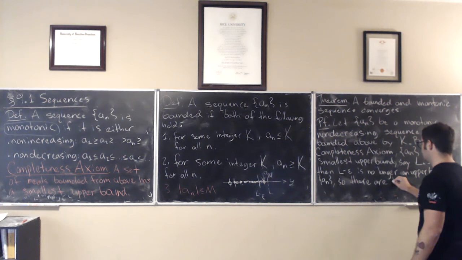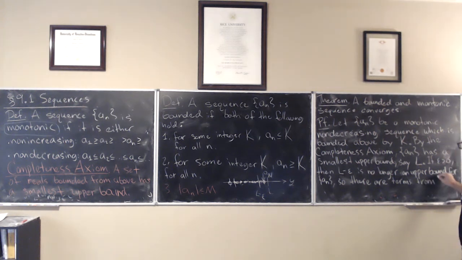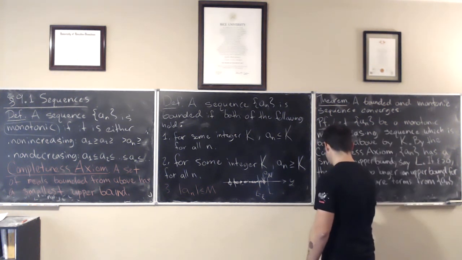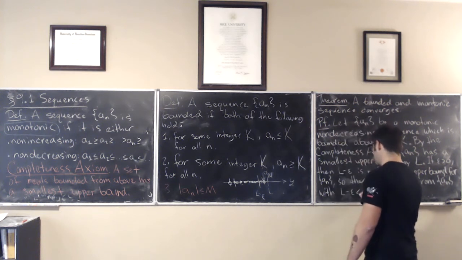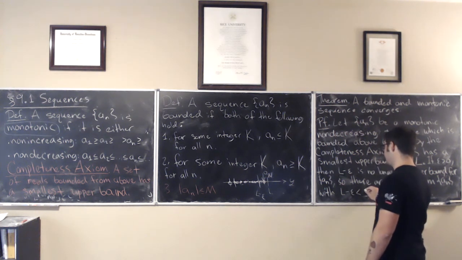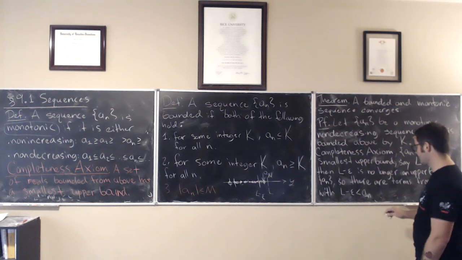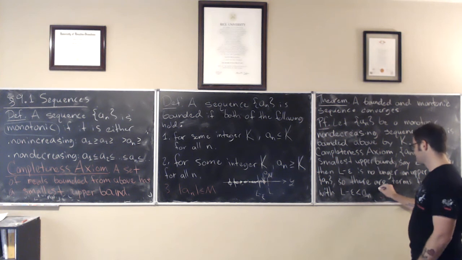So there are terms from the sequence with L minus epsilon strictly less than a sub n, for some values n.